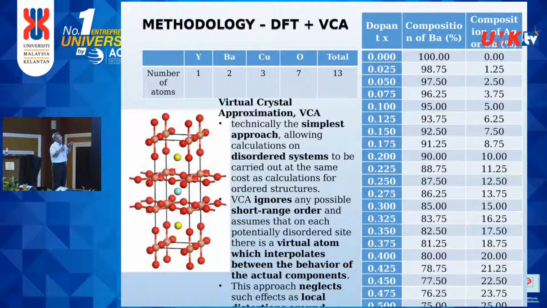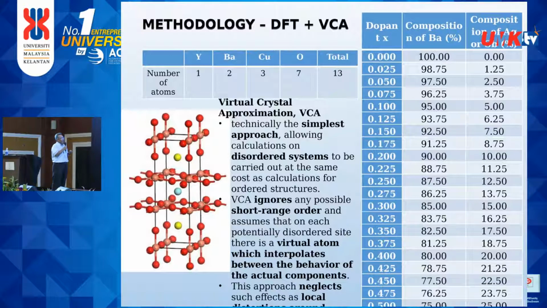The virtual crystal approximation is technically the simplest approach, allowing calculation on a disordered system to be carried out at the same cost as calculation for an ordered structure. VCA ignores any possible short-range order and assumes that on each potentially disordered site there is a virtual atom which interpolates between the behavior of the actual components.